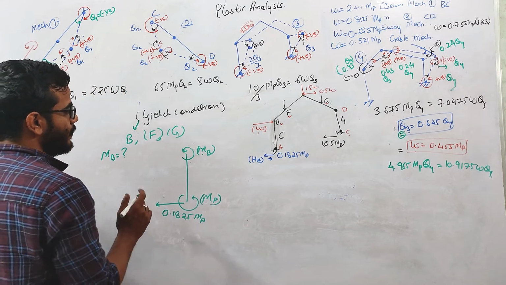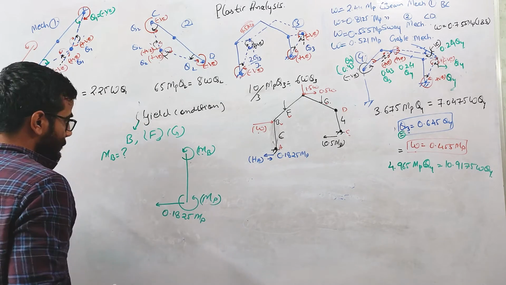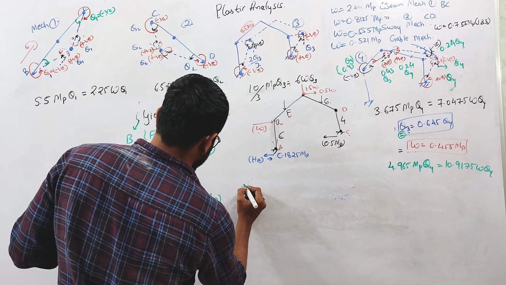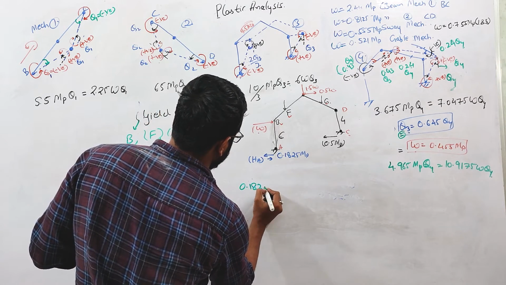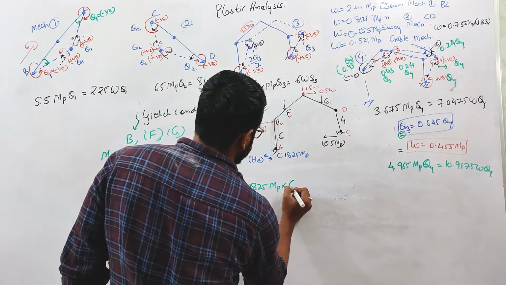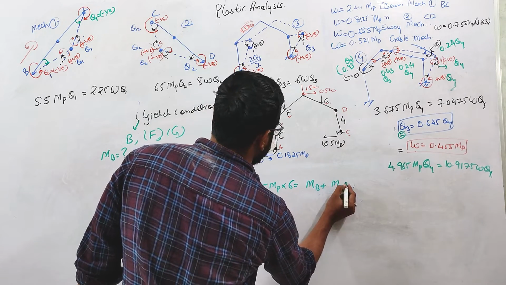So I can write 0.1825 MP into 6, this distance being 6, equals MB plus MP.